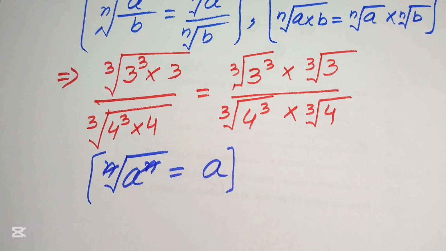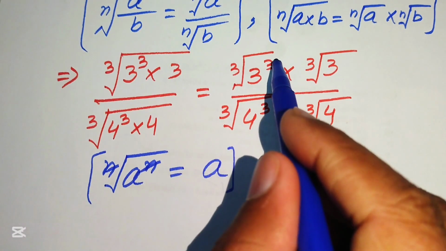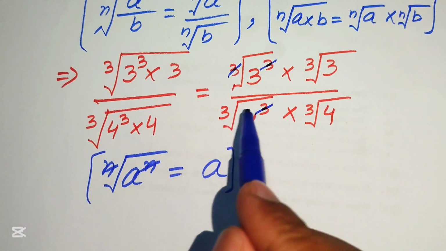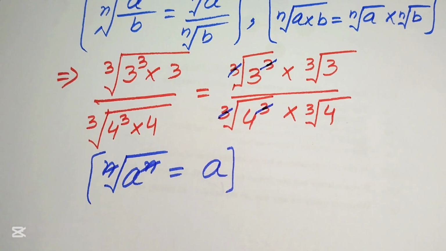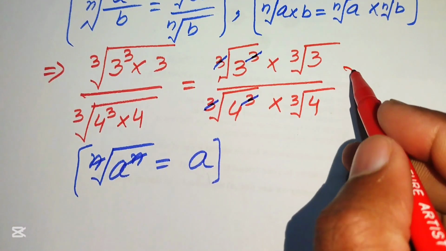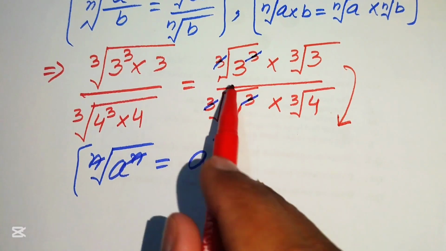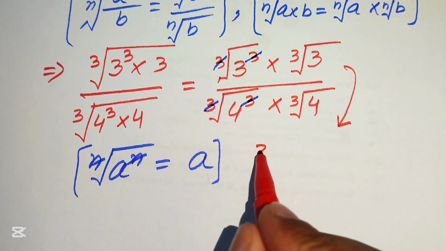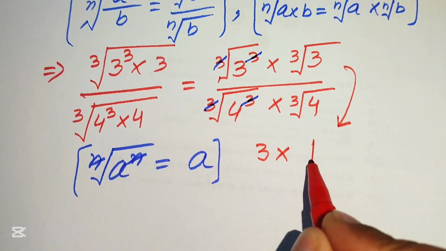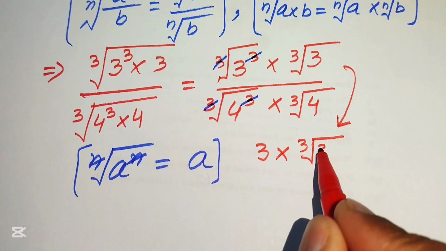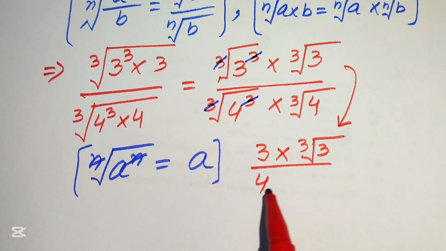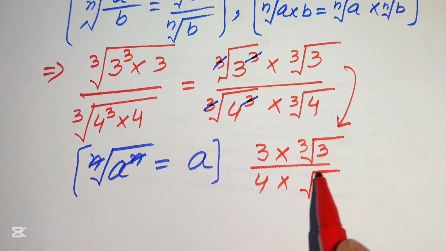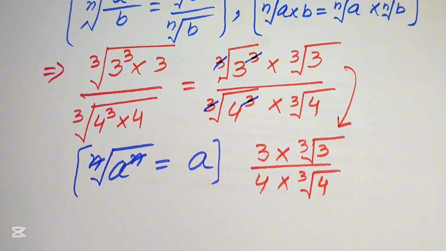So if you focus on here, this 3 is cancelled out by this 3, this 3 is cancelled out by this 3, and the remaining terms are 3 multiplied by the cube root of 3 divided by 4 multiplied by the cube root of 4.